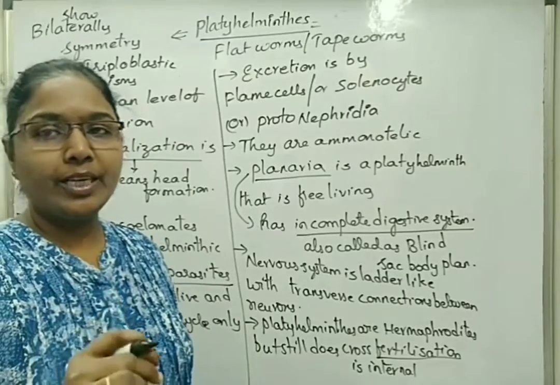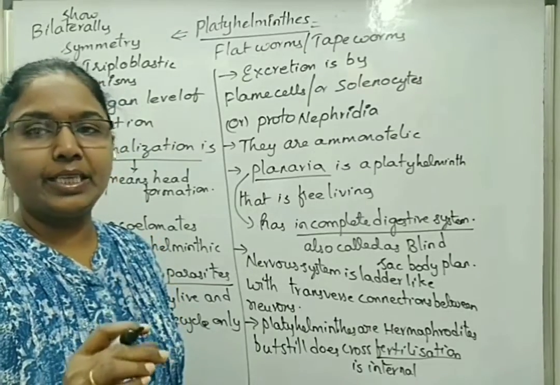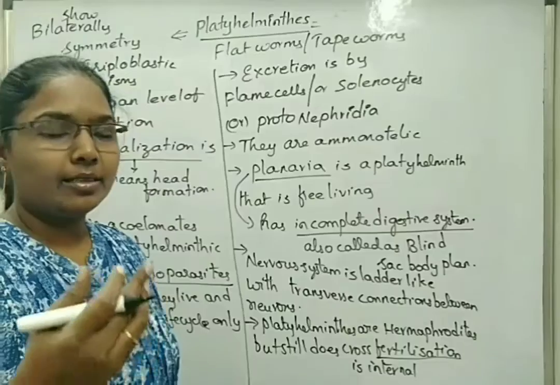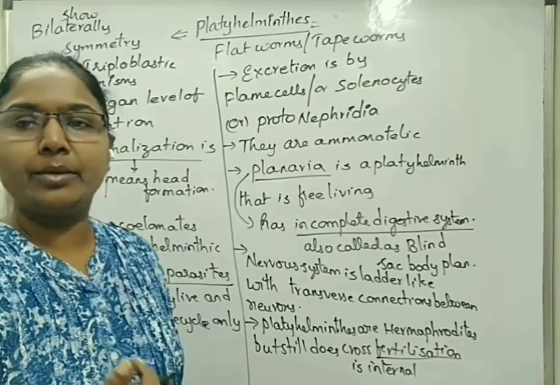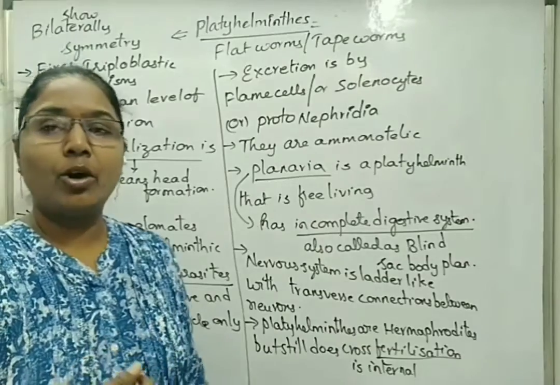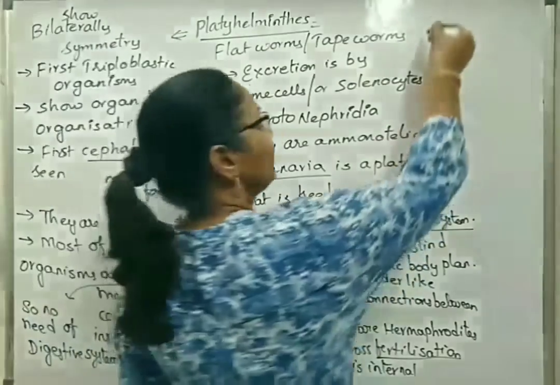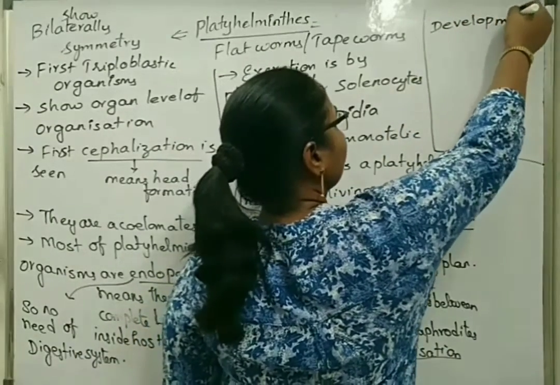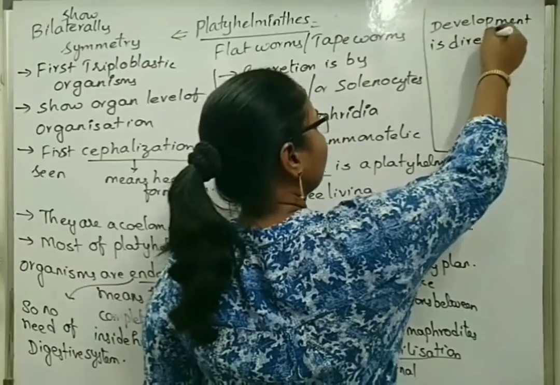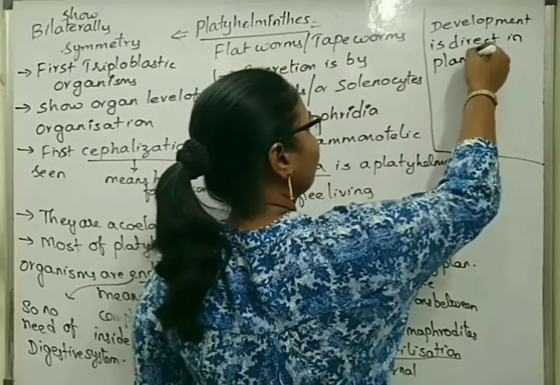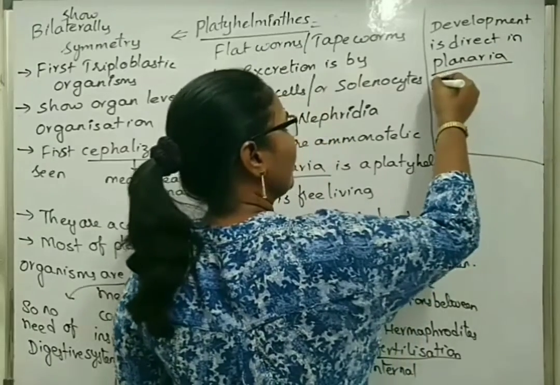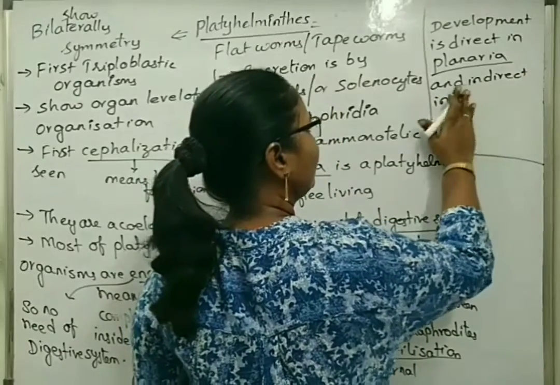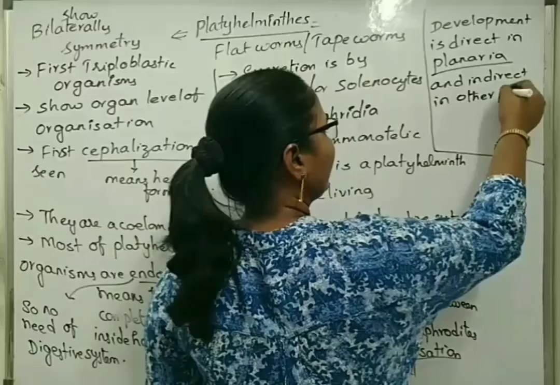In free-living planaria, development is direct, meaning no larval form is seen. But in tapeworms and others, development is indirect, meaning larval forms are there.